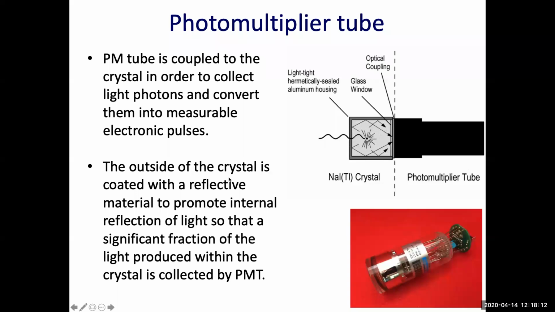The outside of the crystal is coated with reflective material to promote internal reflection of light so that a significant fraction of the light produced within the crystal is collected by the PMT. So here is the crystal, and inside the crystal there is a reflective material just to keep the light photons inside the crystal and increase the number of light photons detected by the PMT.